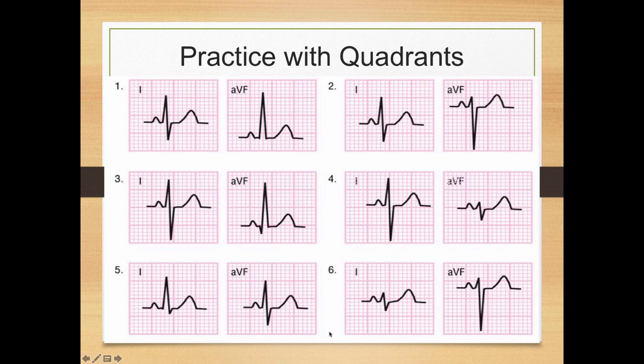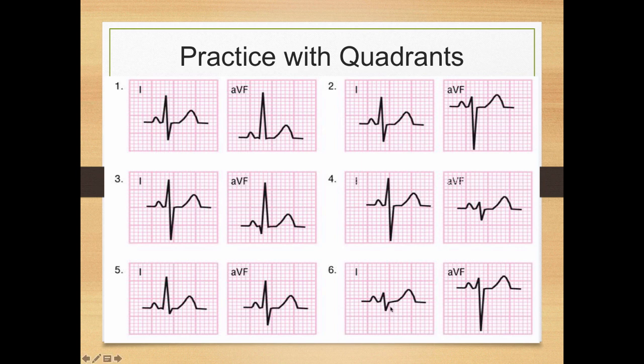Example number 6. Lead 1. I don't know. It's got some positivity, it's got some negativity. Right? Is that? I don't know. AVF, I think we can agree that that is mostly negative. It's got a little positivity, a little tiny R wave, but that is mostly negative.